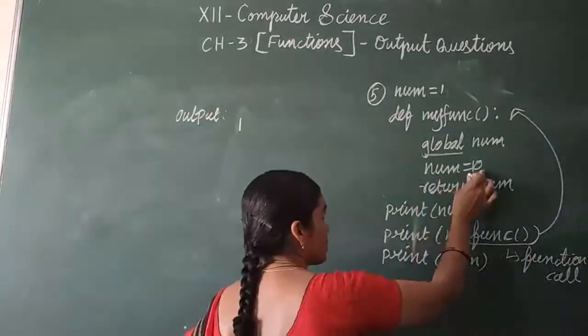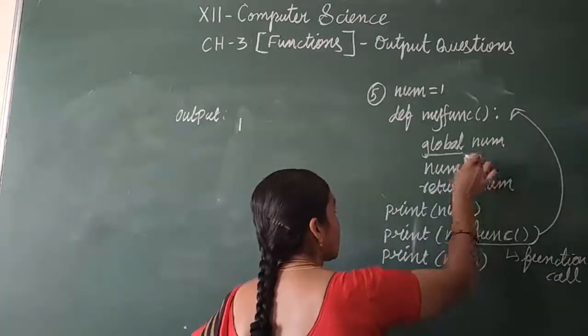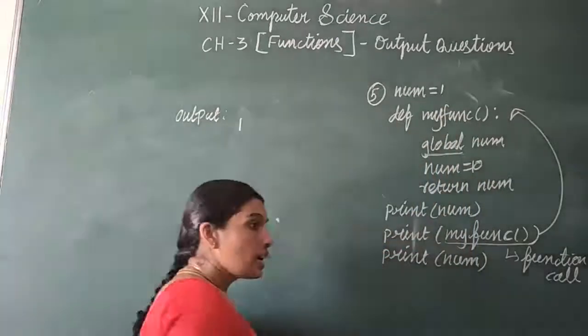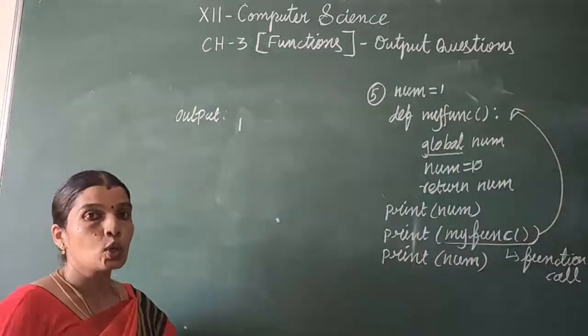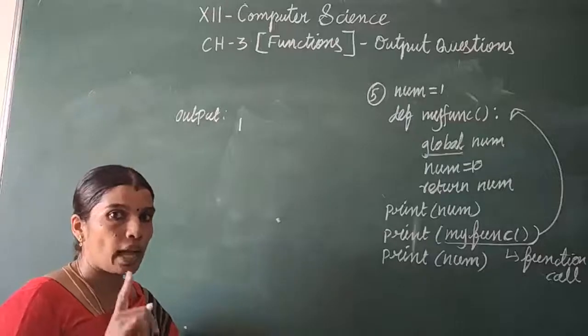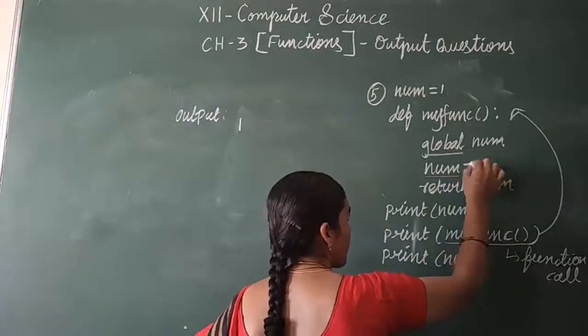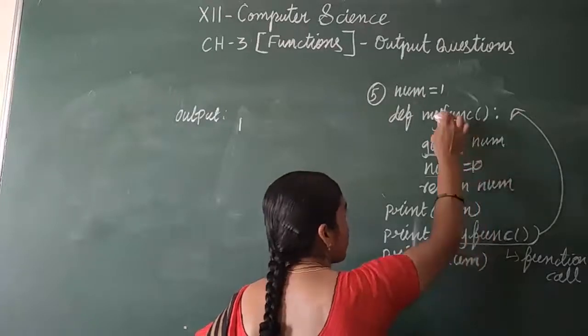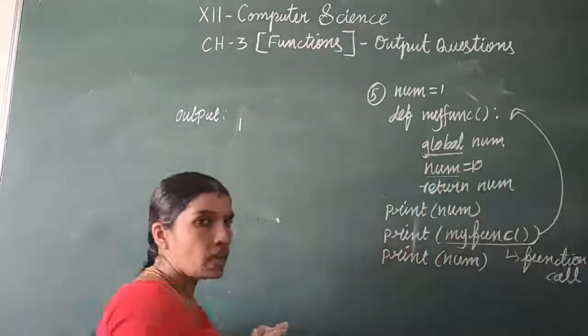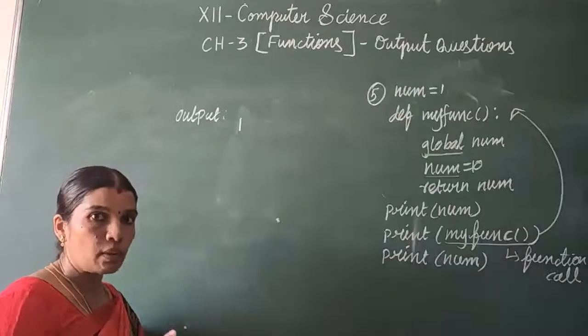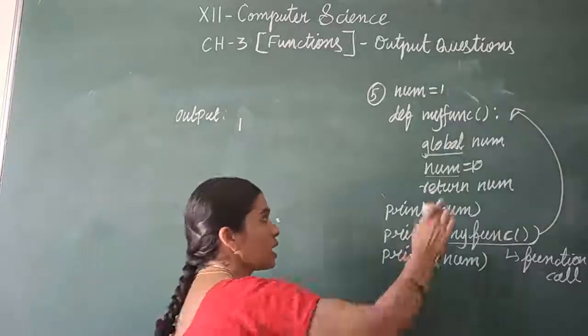So num is equal to 10. Already we assigned the global variable num as 1. But here the global variable value is changed from 1 to 10. So now the global variable value num is 10.